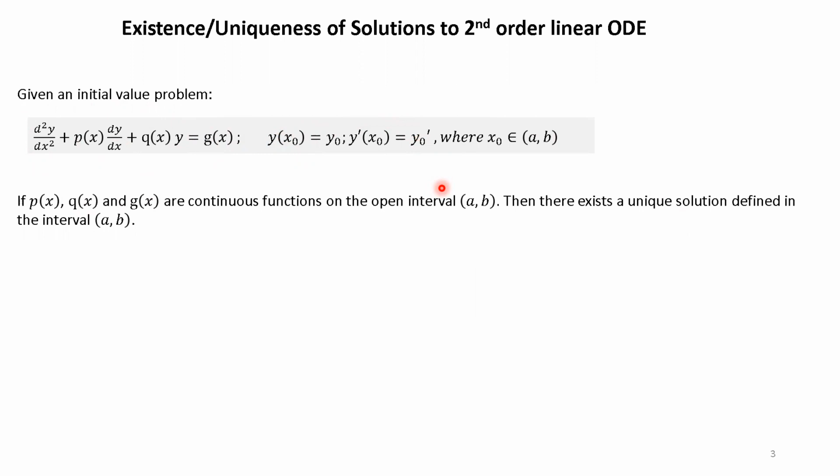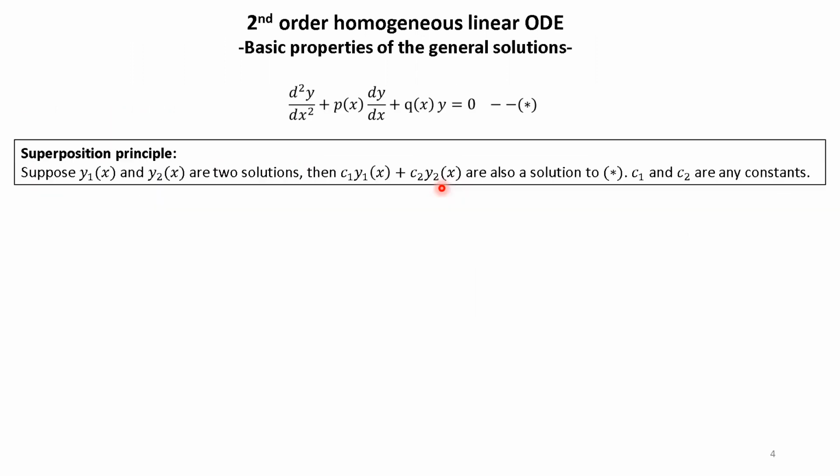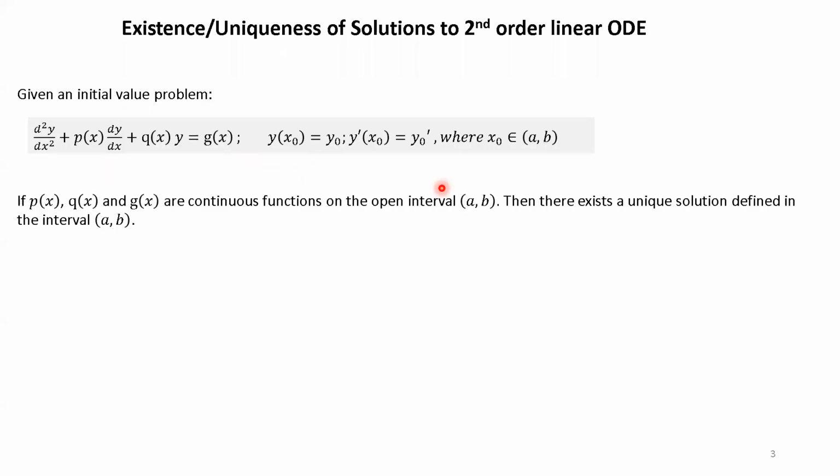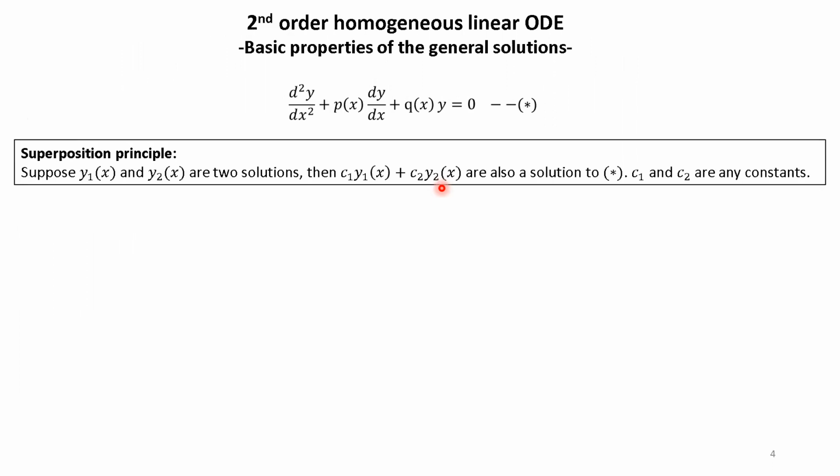That's the only correct answer. But before solving for the solution to the initial value problem, first we want to find the general solution. The general solution, as I said, is the solution with the undetermined constants.